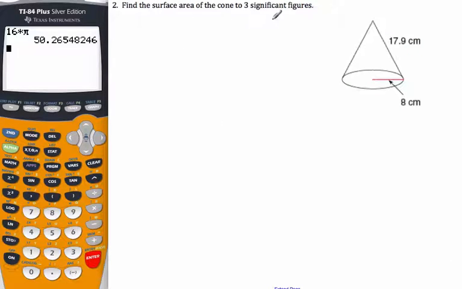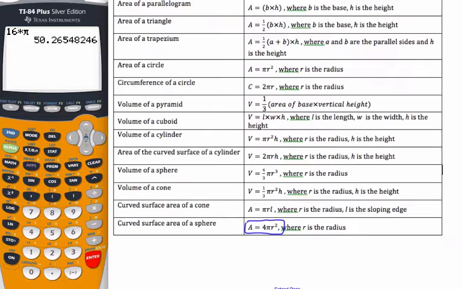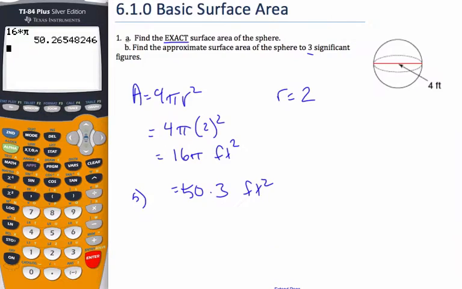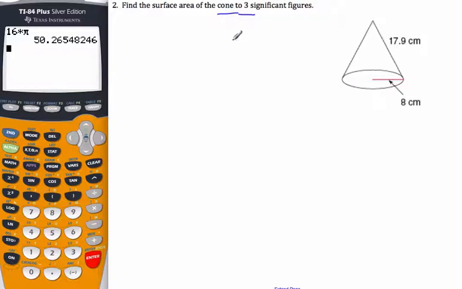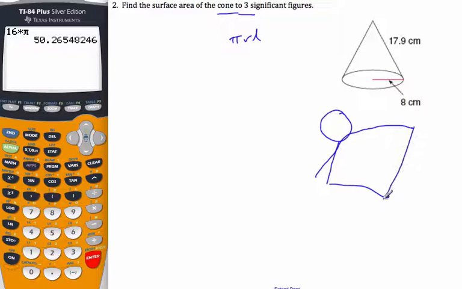We want to find the surface area of the cone to 3 significant figures. If I look at my formula sheet, the curved surface area of a cone is pi r L. If I open up this cone, my base is a circle, and the curved part ends up being some kind of curved piece, which is really hard to draw.